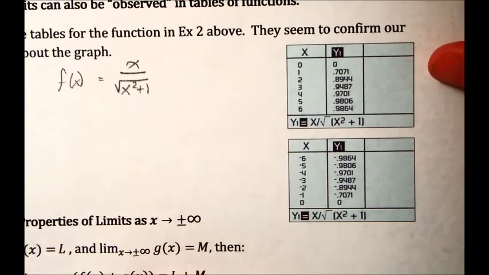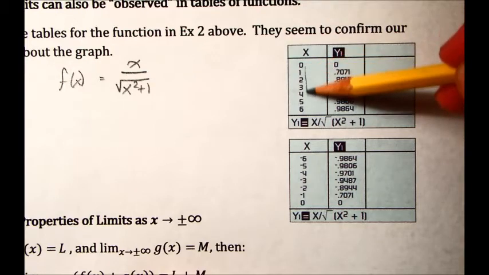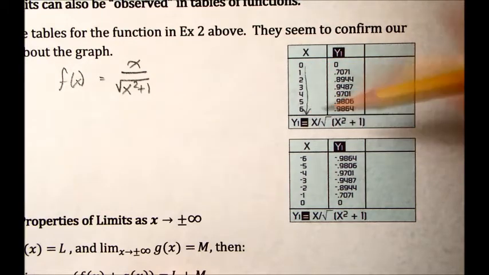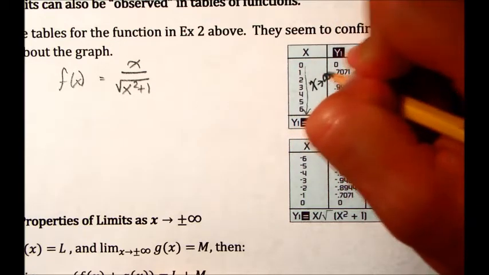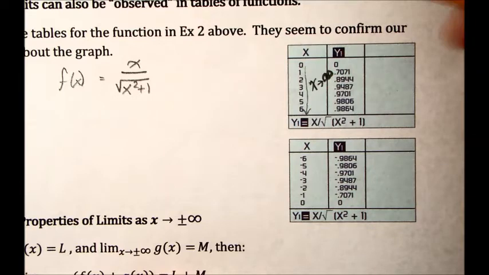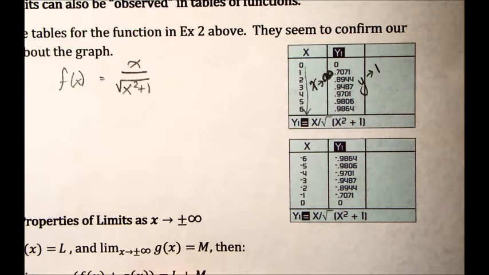We talked about this before, but this graph, as you go larger in the x values, so this would be considered x goes to infinity, you can see what the y is doing. The y is going to 1. Okay, so you could say y equals 1 is a horizontal asymptote. It's not 100% convincing, neither is the picture, actually. We'll have to talk about how to do limits without pictures or graphs to really be 100% sure that that's an asymptote. But from the graph and from the table, it seems to be the case.